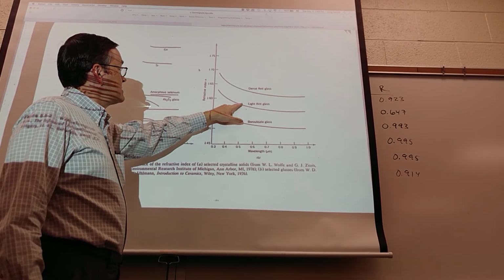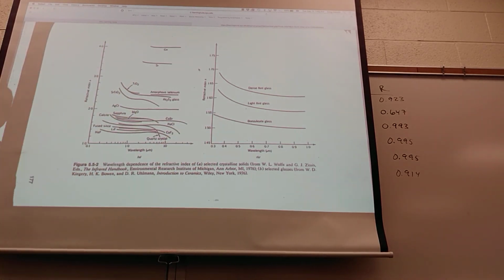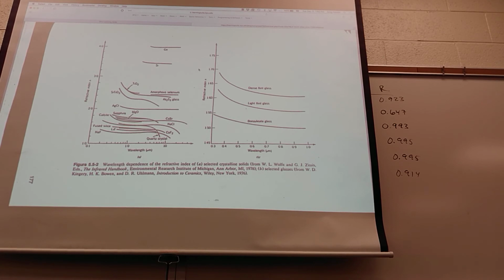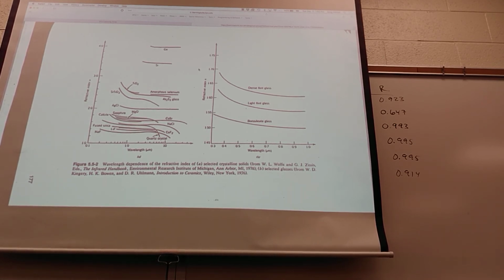Light flint glass, dense flint glass, where we just put other elements into the glass to pop up the refractive index and make it higher. But it has the same sort of characteristic relationship as a function of wavelength, and that is called normal dispersion.